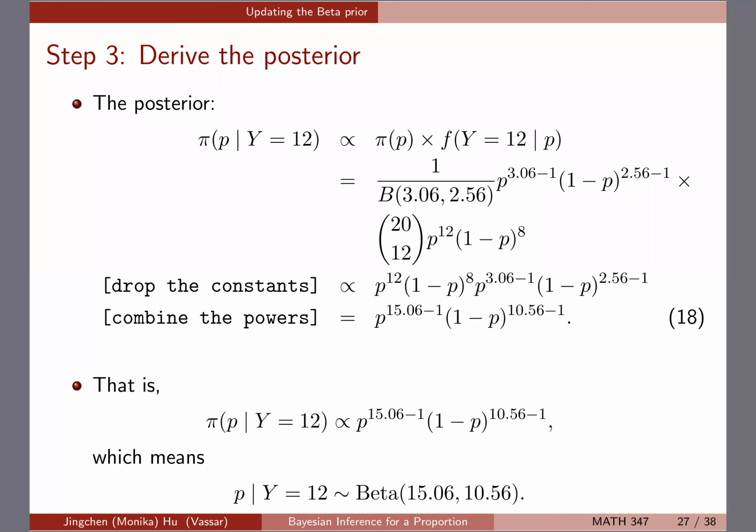Notice in equation 18, when I combined the powers, I actually didn't get the minus 1 altogether. So I keep it as 15.6 minus 1 as the power for p, and then also minus 1 for the power of 1 minus p. That's mostly because later, as you can see at the bottom of the slide, we're going to use these two powers to recognize it as a beta distribution.